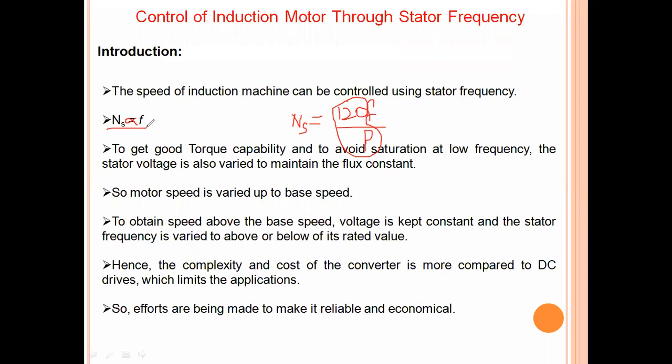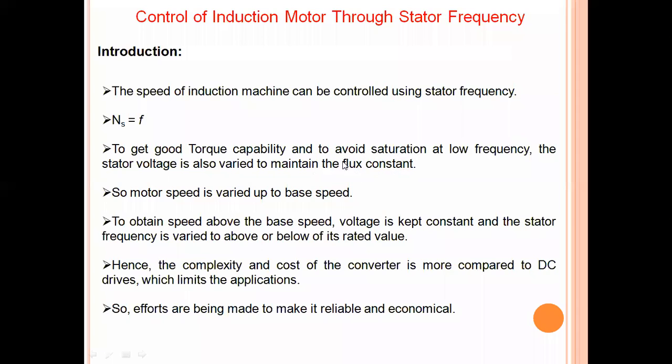But in order to get good torque capability and avoid the saturation at low frequency, the stator voltage is also controlled to maintain the constant flux. So stator voltage will also be varied with respect to the frequency under low frequency conditions, because this is to avoid the saturation.